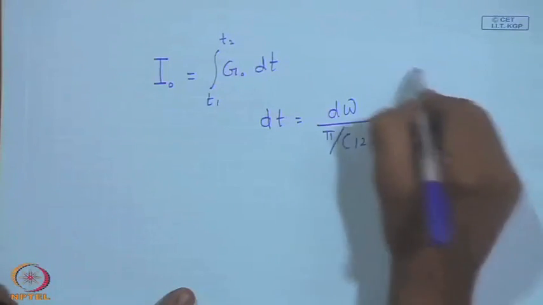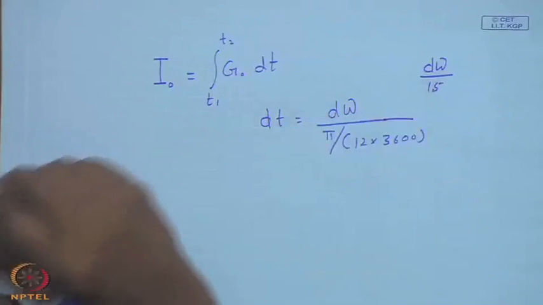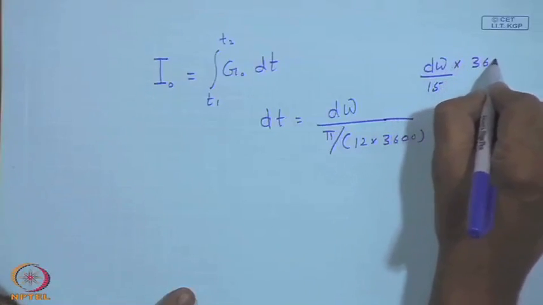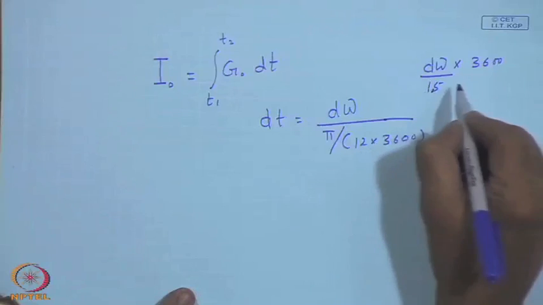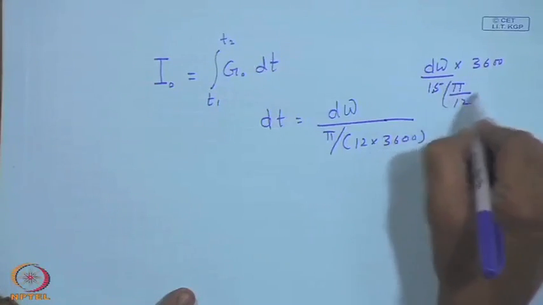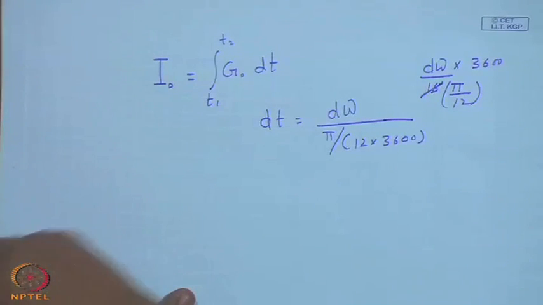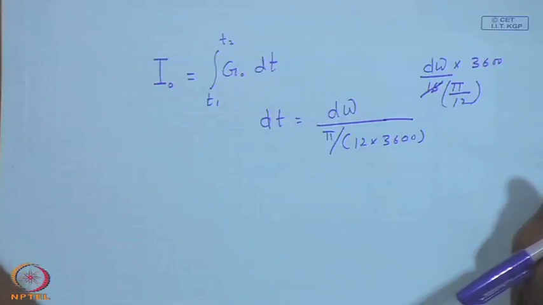Actually, it is easier if you say that d omega by 15 is the number of hours, multiplied by 3600 is seconds; 15 degrees is nothing but pi by 12 radians. That is how you get time converted into d omega as d omega divided by (pi/12 x 3600).